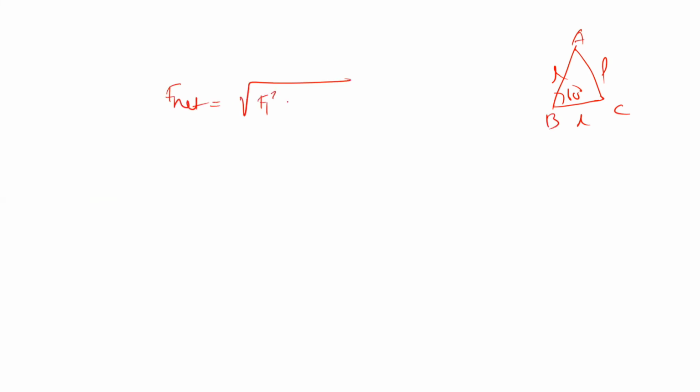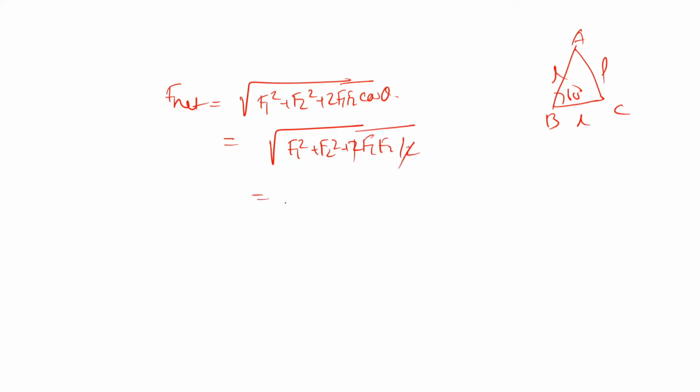It is F1 square plus F2 square plus 2 F1 F2 cos theta. Cos theta for you is 60 degree only for equilateral triangle. So it is F1 square plus F2 square plus 2 F1 F2 by 2. This 2 and this 2 will get cancelled, and you will have here F1 square plus F2 square plus F1 F2. This is the general thing.